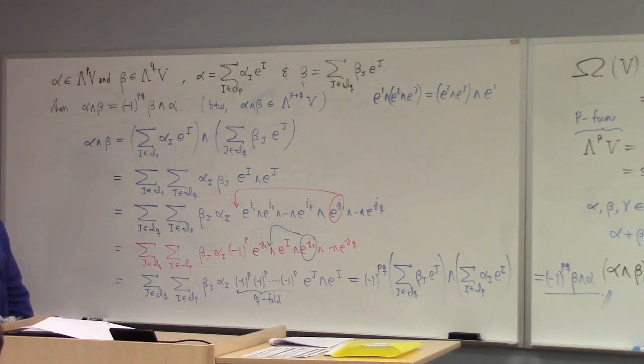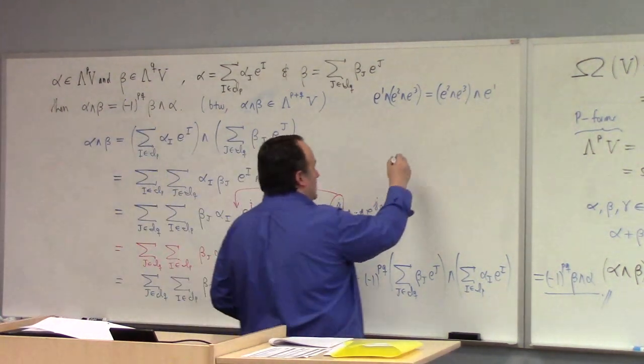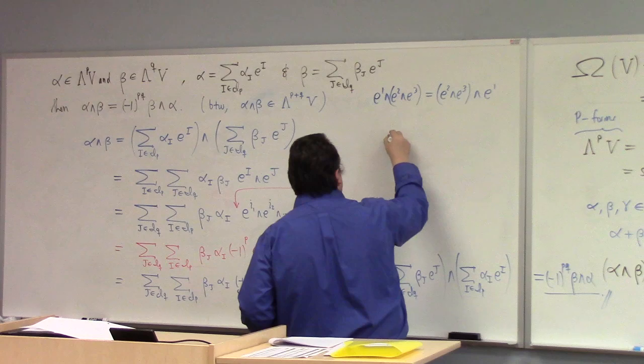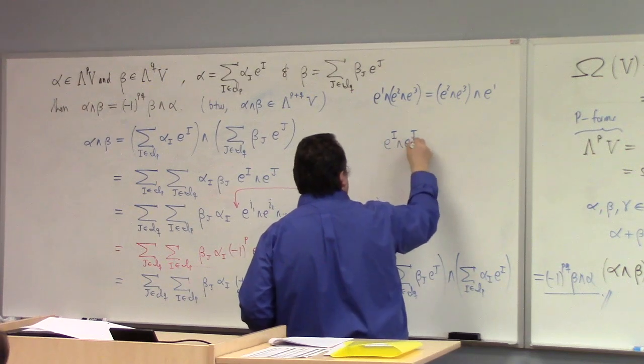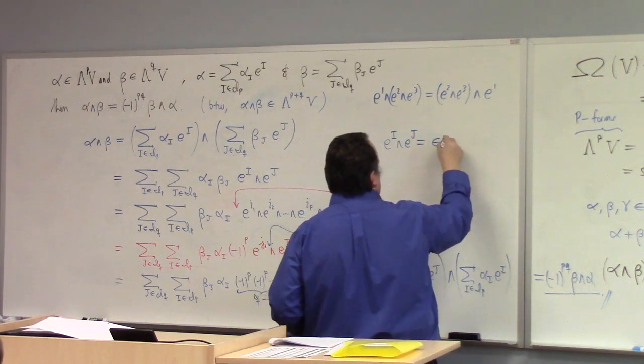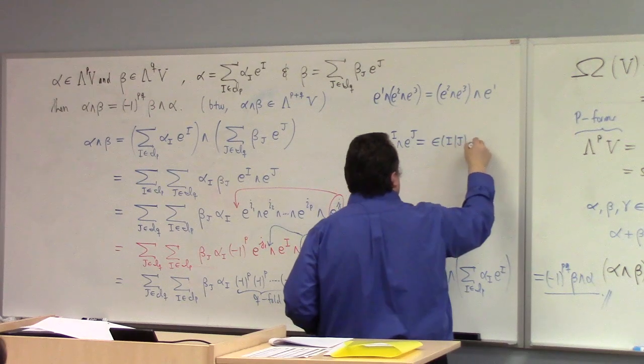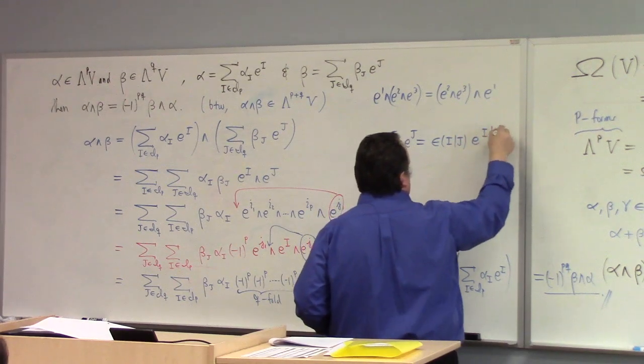And you're absolutely right, Sam. They could be 0. I have a notation for all this, which is E^I wedge E^J is epsilon^IJ E^IJ, like that.